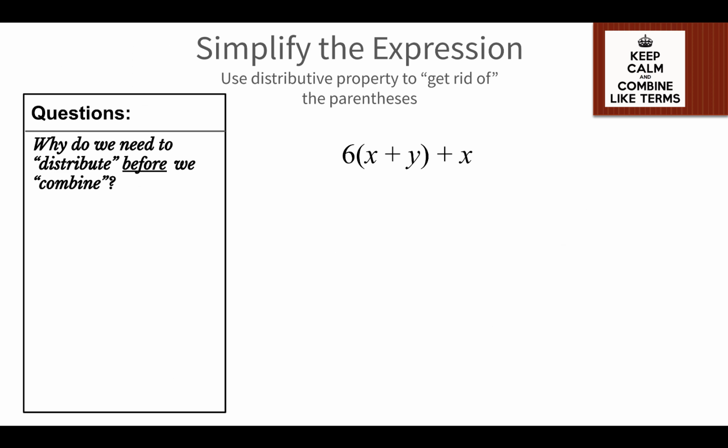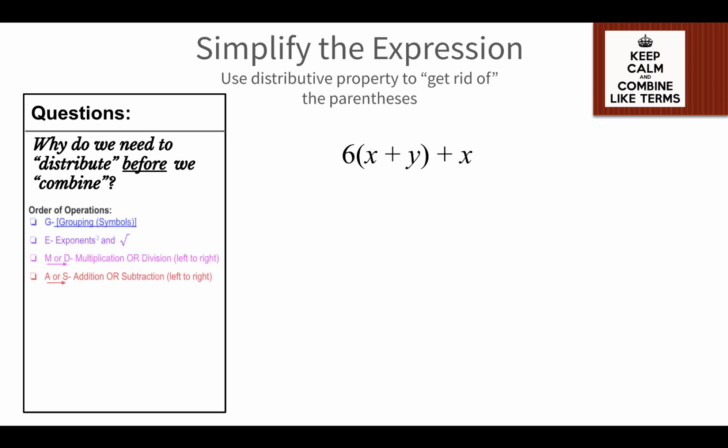Here was the problem that we started with before break. You'll see that this is the very first expression in the first chunk of your notes, and it's done. But let's remind ourselves what it means to distribute and then combine like terms. Actually, let's start by reminding ourselves, why do we have to distribute before we combine?